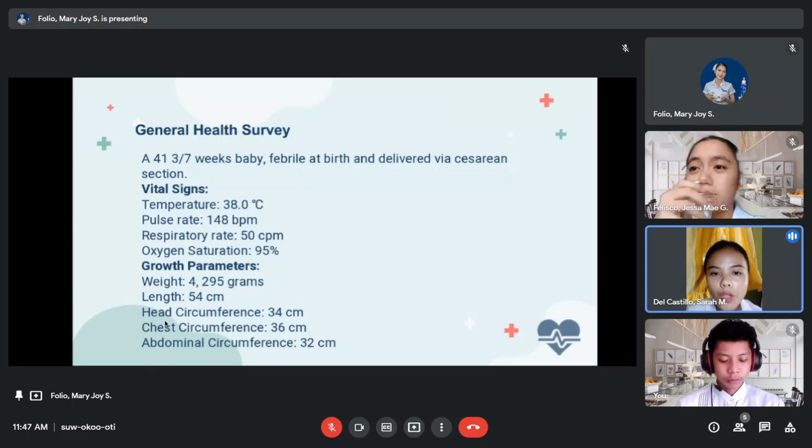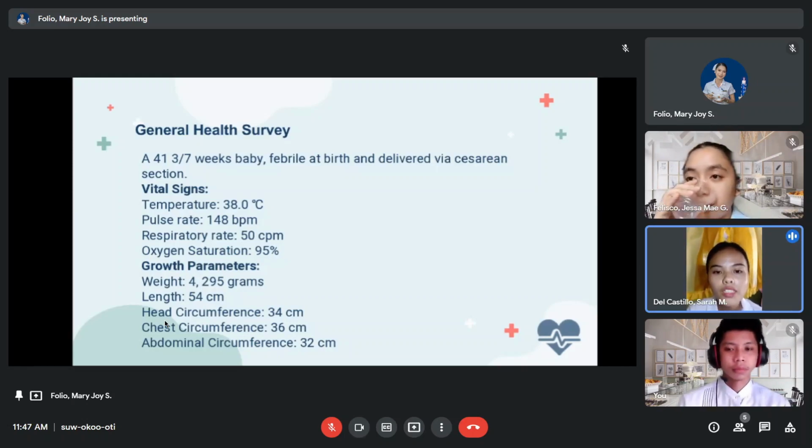For the growth parameters, weight is 4,295 grams, length is 54 centimeters, head circumference is 34 centimeters, chest circumference is 36 centimeters, and the abdominal circumference is 32 centimeters.